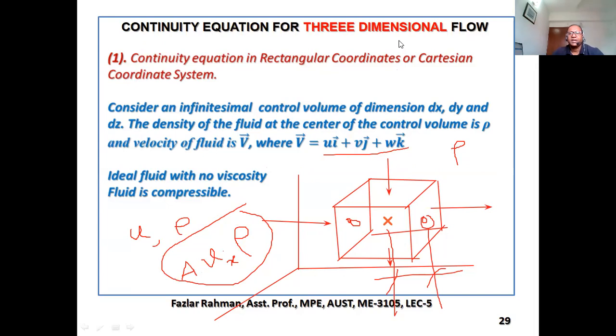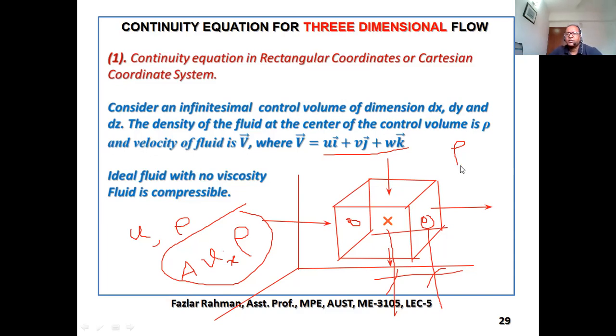We'll do this along all the axes. Along the vertical axis, the velocity of the fluid particle is V, and that velocity at the top and at the bottom is not the same; they are changing, and so is rho. Rho changes with respect to y, and along the x-axis rho changes with respect to x.